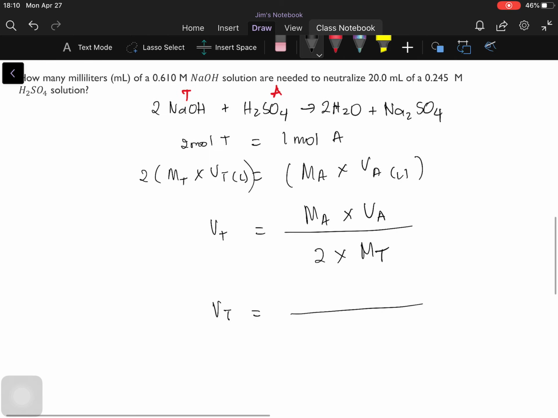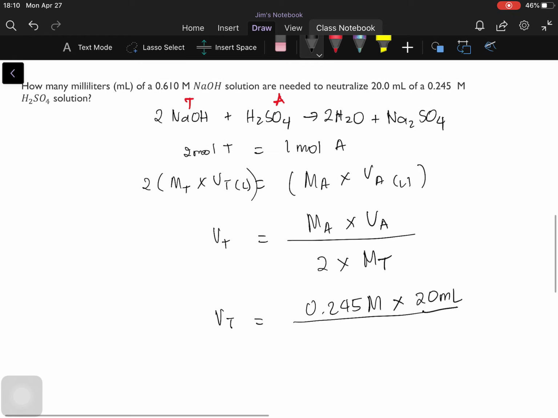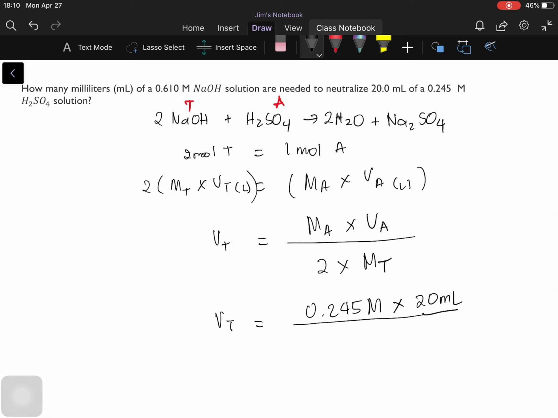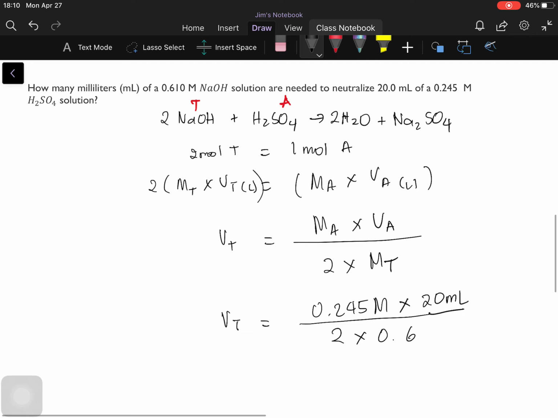So the molarity of analyte is 0.245 molar times the volume of analyte. We have here 20 ml. I'm not going to convert this into liters because we're not solving for the moles anyway. Divided by 2 times the molarity of our titrant, which is 0.610 molar. You can see the molar units cancel out and the final unit is in ml.